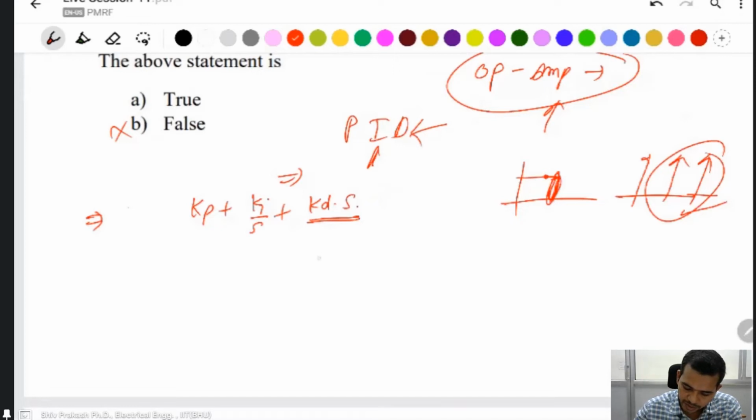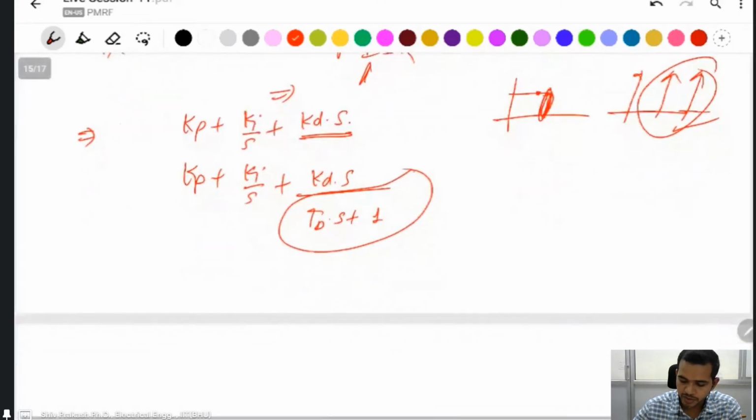That's why you use a practical system like Kp plus Ki by S plus Kd into S with a filter, 1 plus TD S. This one is the low pass filter.